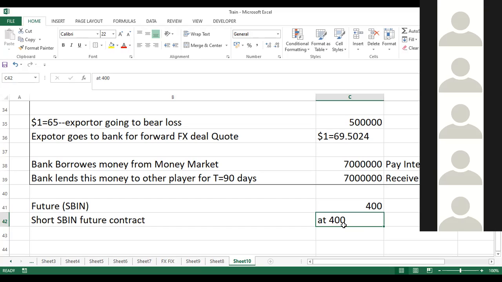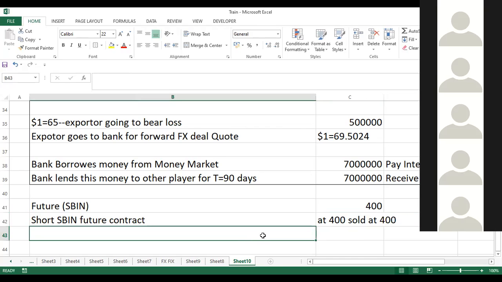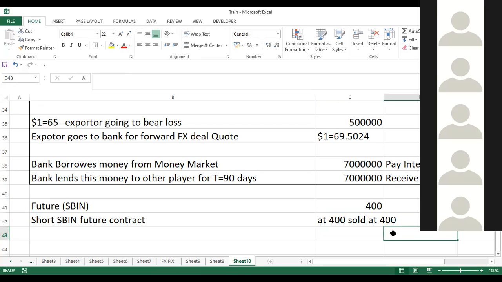When you short, you have sold at 400. And if the price becomes 300, just take an example, what would you do?